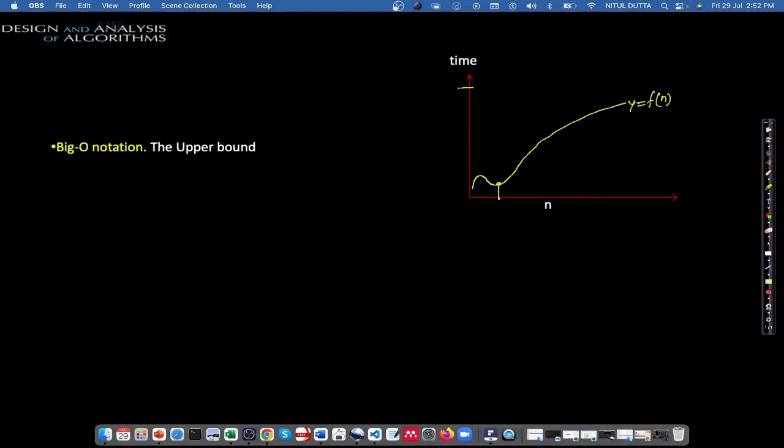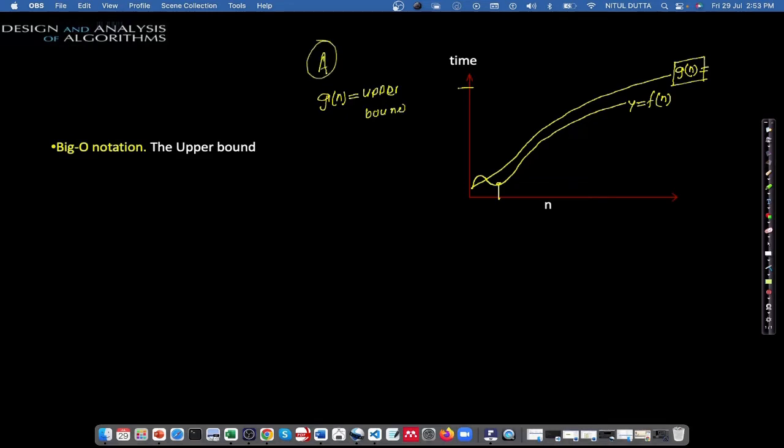The new graph may start from somewhere here, but after a certain value it should go above y equals f(n). If we have a graph like this, then this g(n) can be a better candidate to represent the upper bound of the algorithm under consideration.